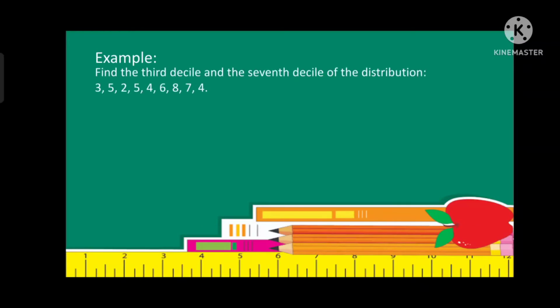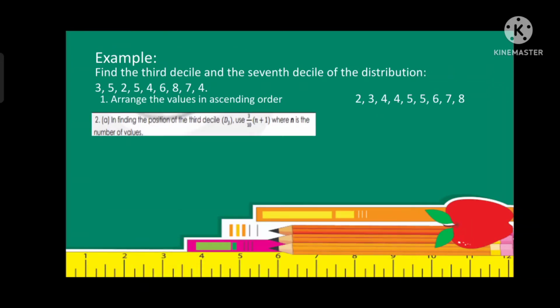Example. Find the 3rd decile and the 7th decile of the distribution. The numbers are 3, 5, 2, 5, 4, 6, 8, 7, and 4. So, our first step is to arrange the values in ascending order. There you go.